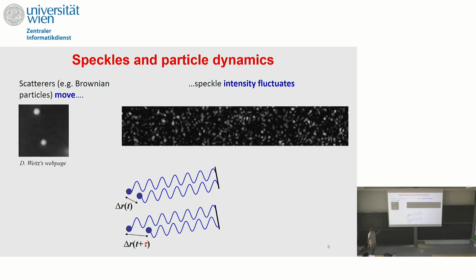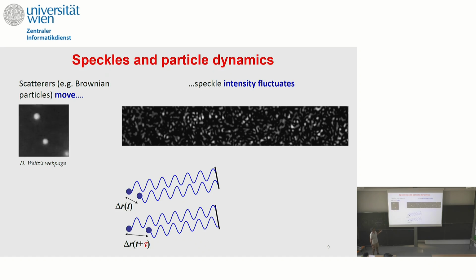And if the particles move very slowly, the speckle pattern will evolve very slowly. That's it, basically. Then you have to go through the math to do things quantitatively, but the general idea is exactly what I have just told you. It's quite simple.